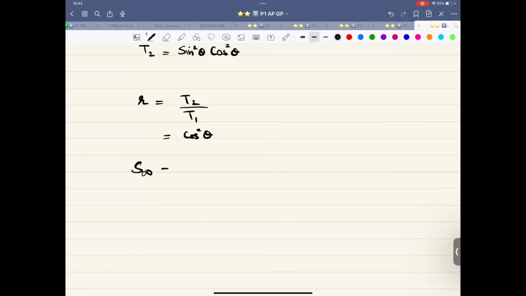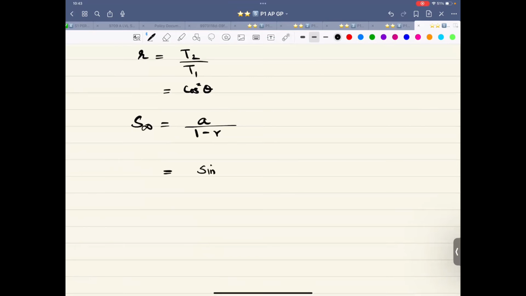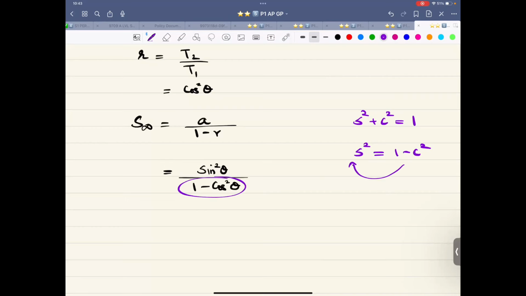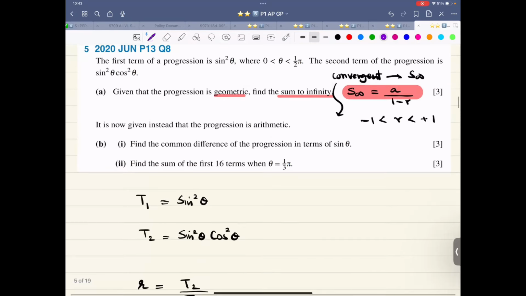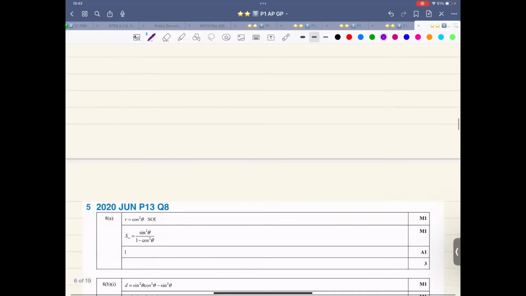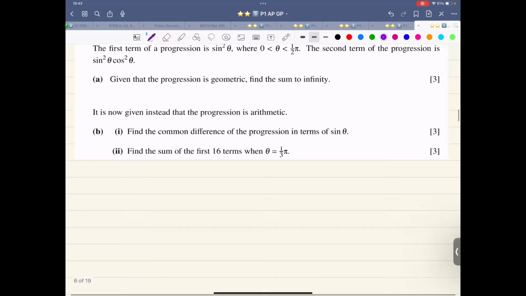Sum to infinity, a over 1 minus r. a is sine squared theta. 1 minus r, 1 minus cos squared theta. Now comes in trigonometry. Sine square plus cos square is 1. Sine square is 1 minus cos square. So 1 minus cos square is basically sine square. Sine square over sine square is 1. Sum to infinity is 1. What a beautiful question. A simple question, no use of the calculator. Double check the value. Sum to infinity is 1.